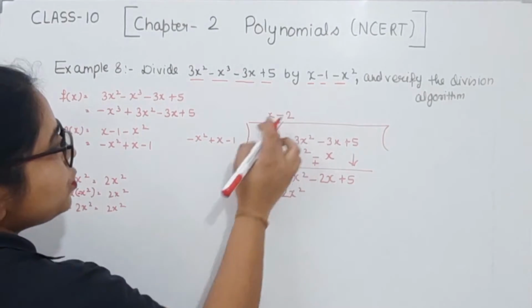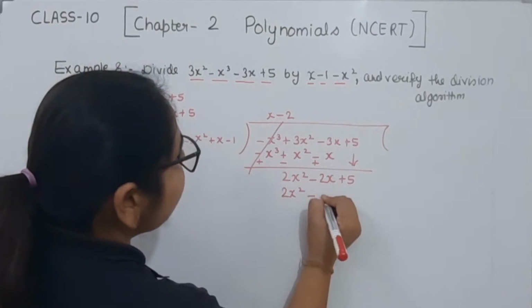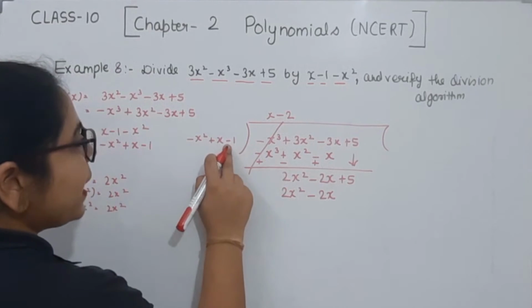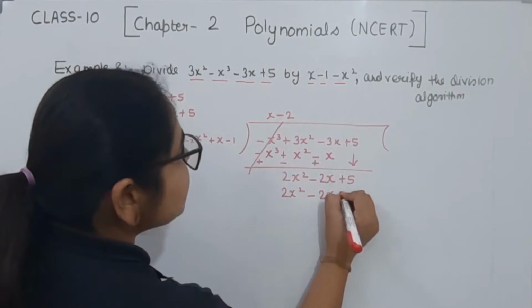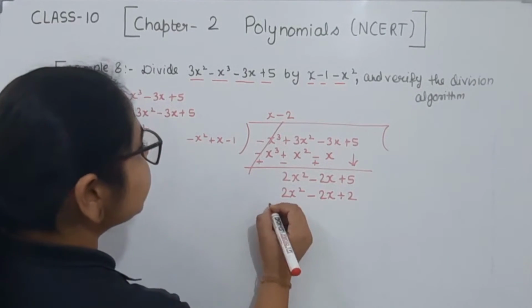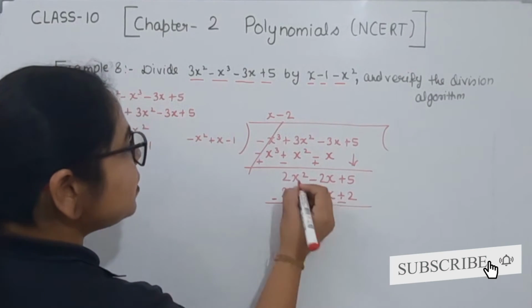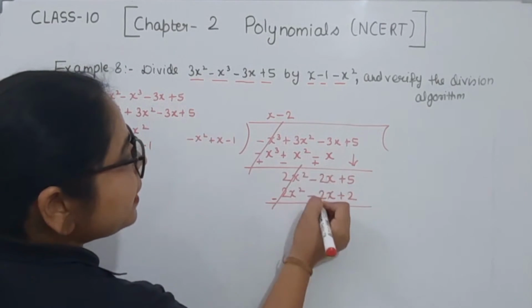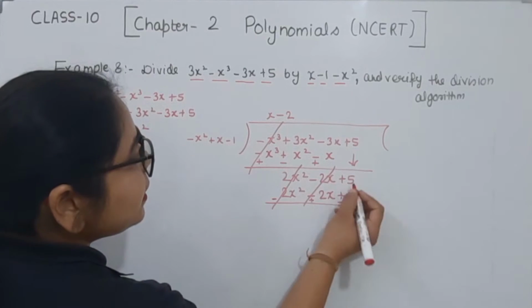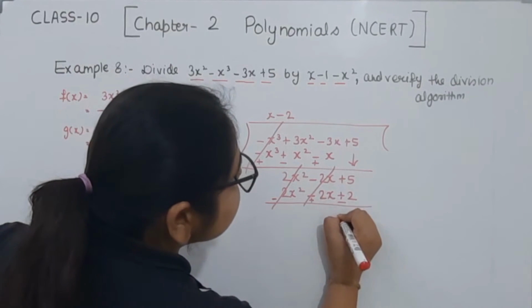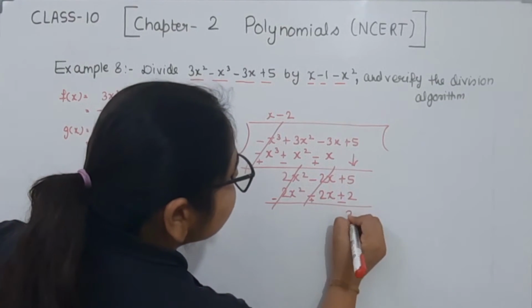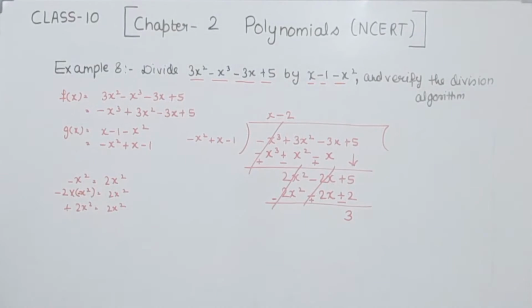Now minus 2 multiplied by x will have minus 2x, and minus 1 multiplied by minus 2, minus minus plus, will have 2 here. Now we are going to change these signs. Now plus minus cancelled, plus minus cancelled, and we will have the remainder as equal to 3. So 3 is the remainder in this case.